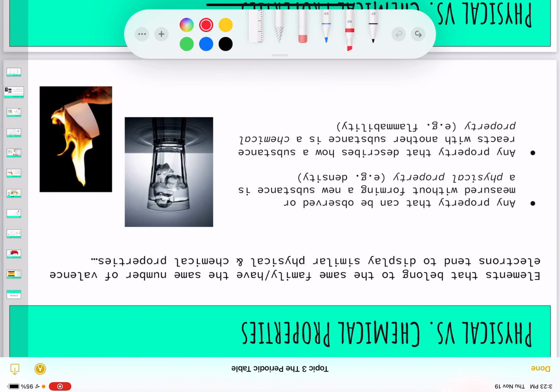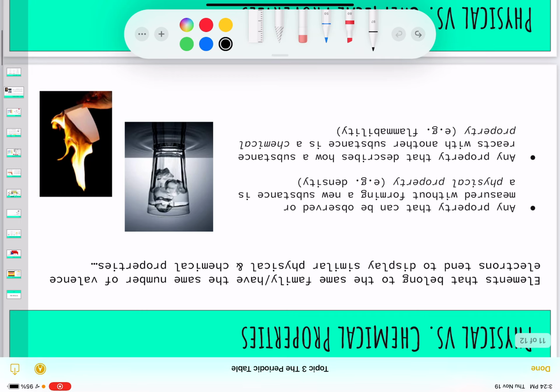Now looking at physical properties versus chemical. Elements that belong to the same family and have the same number of valence electrons tend to display similar physical and chemical properties. Any property that can be observed or measured without forming a new substance is known as a physical property. So the example is density. When we look at water, water could be in liquid, solid, and gas, and we can see that in our life.